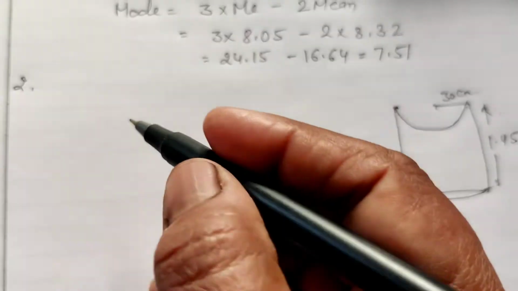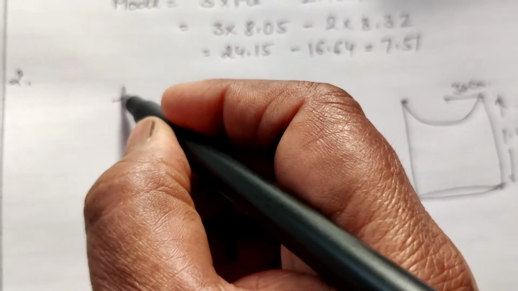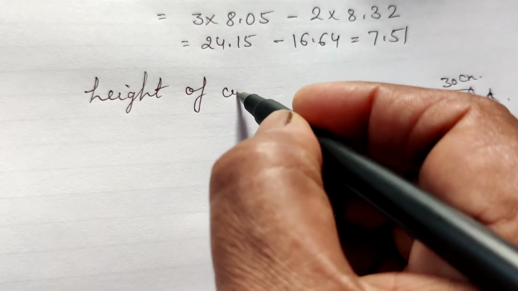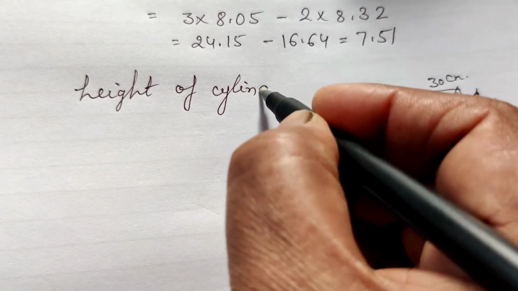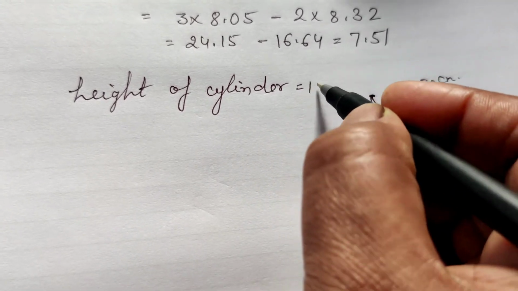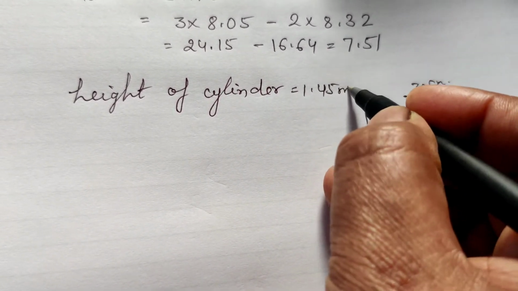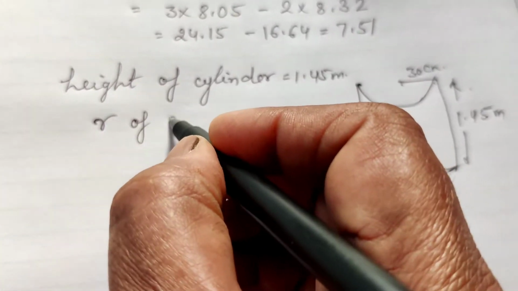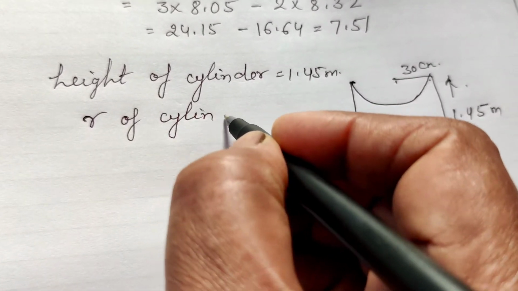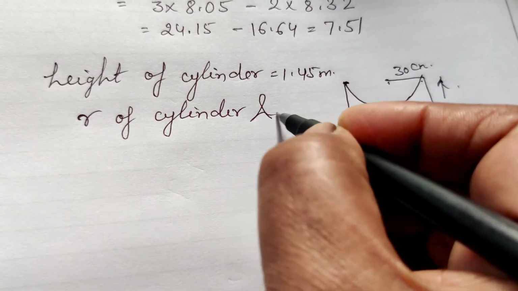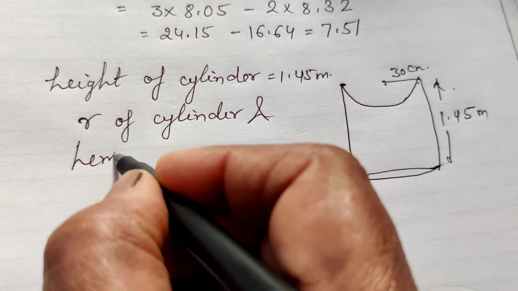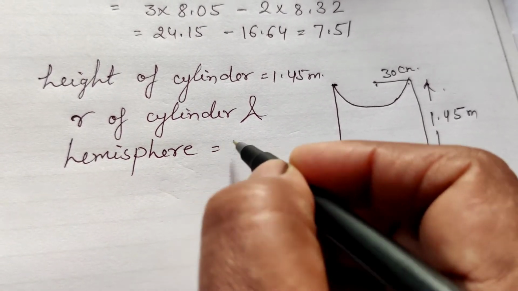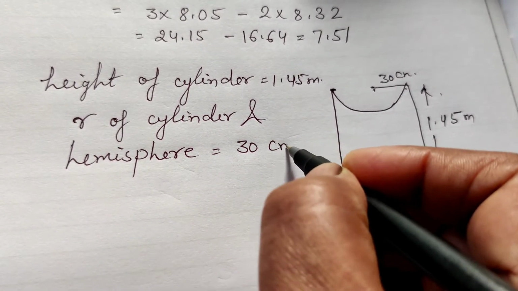Check the height of cylinder, 1.45 meter, and radius of cylinder and hemisphere equal to 30 centimeter.